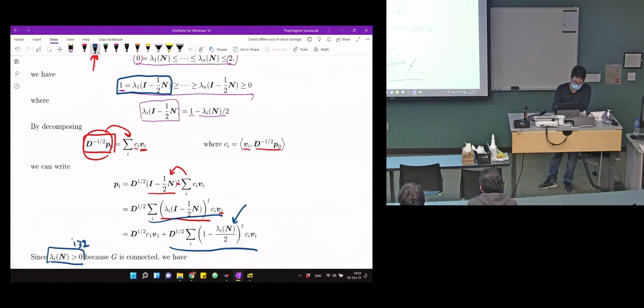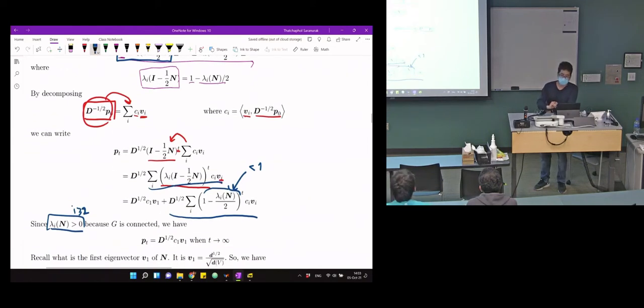So this is more than 0, which means that this term is strictly less than 1. And when t goes to infinity, it just vanishes. So pt is just this thing.